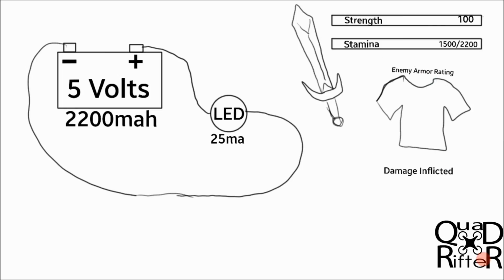And I forgot to explain that when you power a device, there is a rate at which it uses power. So let's just say, for example, this is pretty standard: a 5 volt, 2200 milliamp hour battery powers a 5 volt LED. The LED will use 25 milliamps.